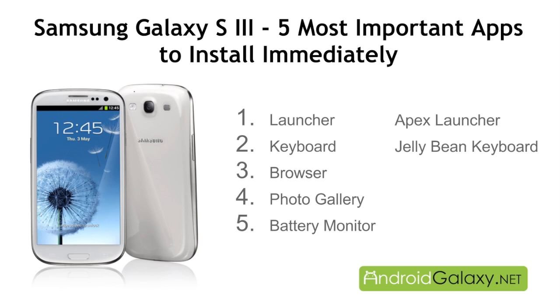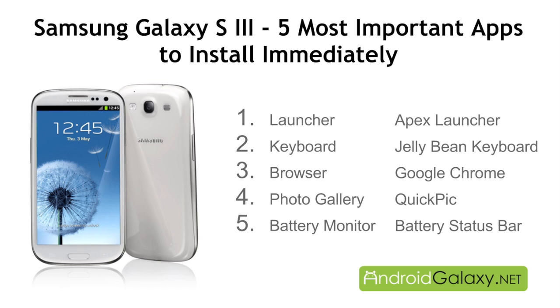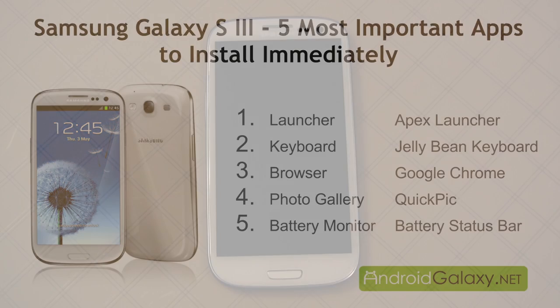For the browser, my favorite is Google Chrome, of course. For the gallery, I am really fond of QuickPic, and I really like using this app called Battery Status Bar. So let's get started. I'm going to show you some of the key benefits of each of these applications.